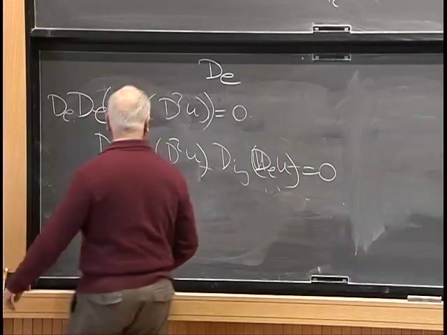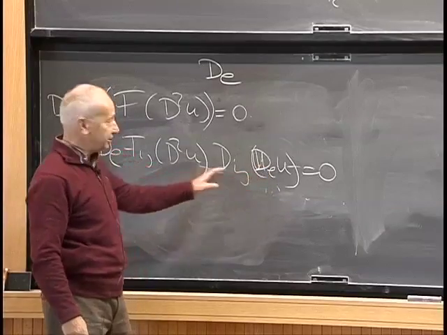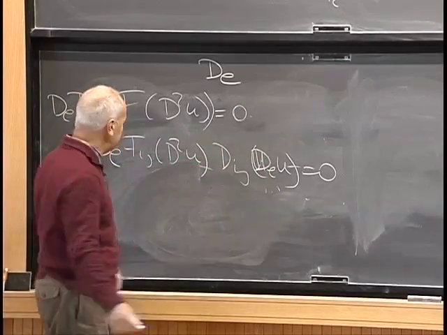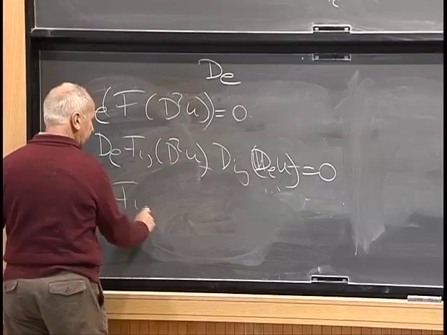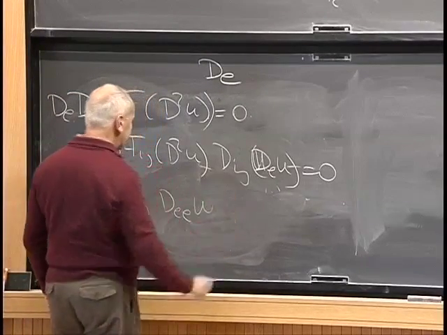When you do D_e, you have a second equation, an equation for D_e of u, right? Just by putting the derivative here. So you get F_ij D_ij D_e u, and that's nice.